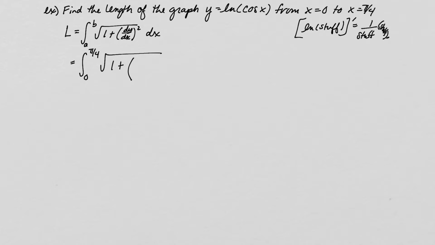So we have 1 over cosine x, so 1 over the stuff, now times the derivative of the stuff, so times minus sine x. And then that's all squared dx.